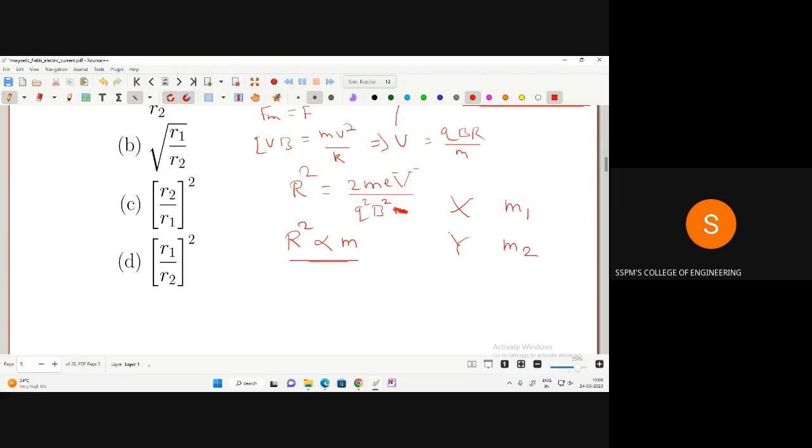Now take the ratio of m1 to m2: m1 divided by m2 is equal to R1 squared divided by R2 squared, or we may write (R1 divided by R2) whole squared. And that is what we have to find.